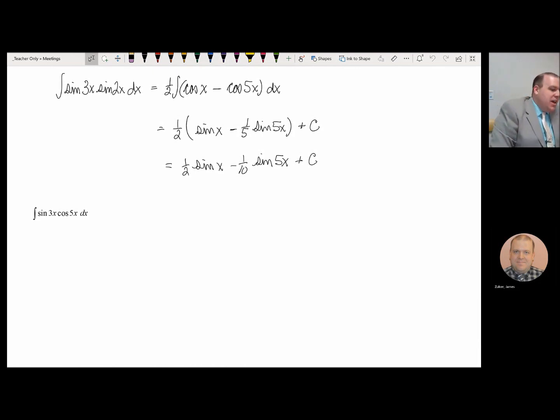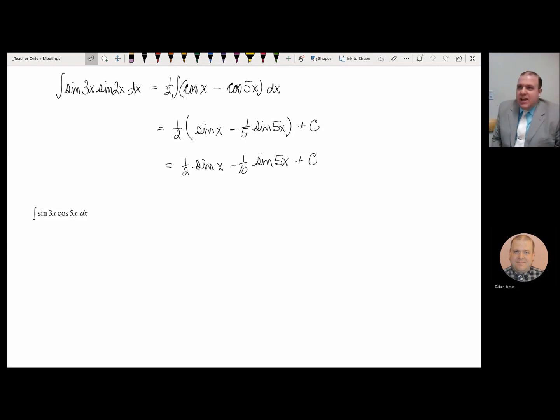Sine of 3x times cosine of 5x. Well, again, you should notice that's different angles, so you cannot use u-sub.